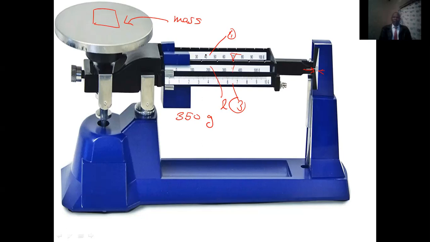And if the other mass is at, say, 30, it means that one will be 30 grams.